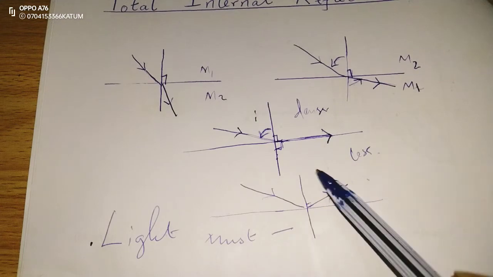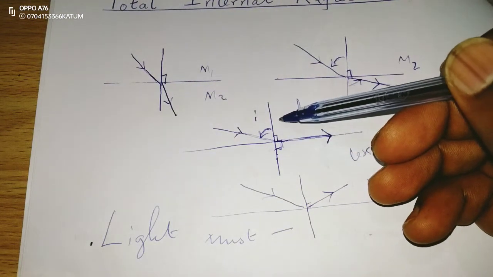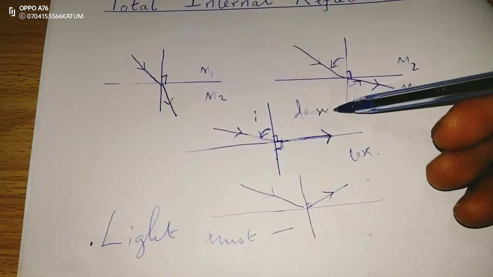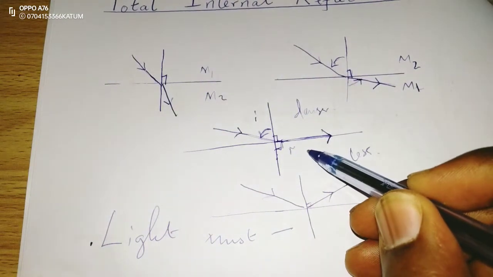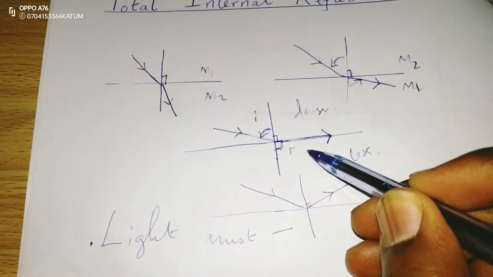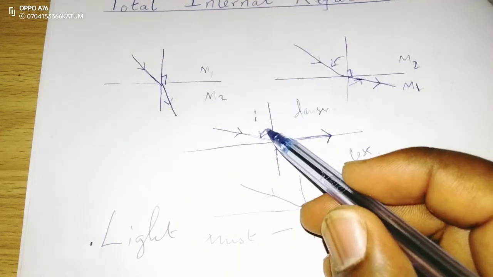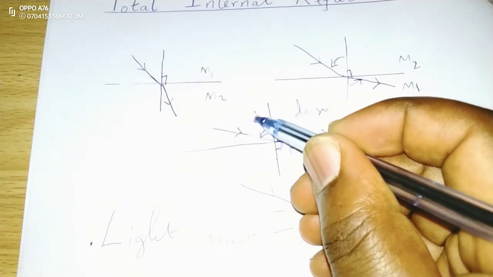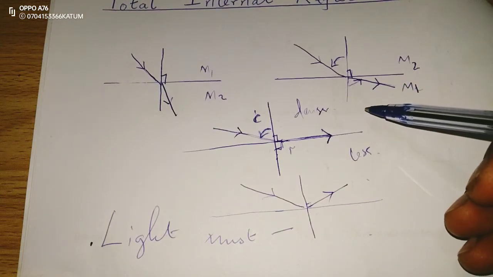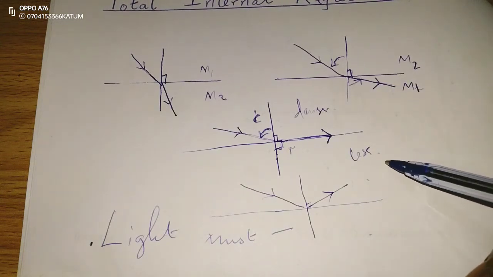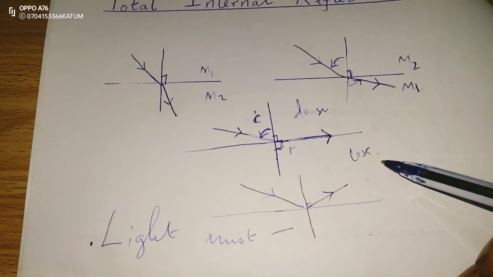Now we are saying that the angle of incidence in the denser medium, for which the angle of refraction in the less dense medium becomes 90, is called the critical angle, small letter c. So the critical angle is the angle of incidence in the denser medium for which the angle of refraction in the less dense medium is 90 degrees.